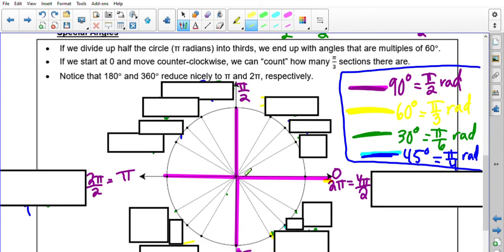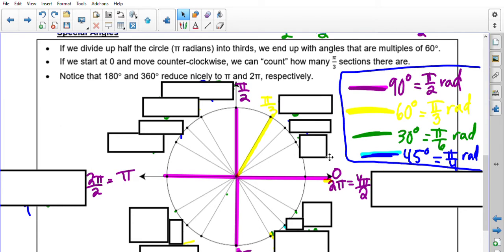So our first 60-degree angle appears here. Have your different color. So that is pi over 3. Right, 1 pi over 3. Our second 60-degree angle, that means we're going to go 30 and then 30. So our second 60-degree angle is right here.